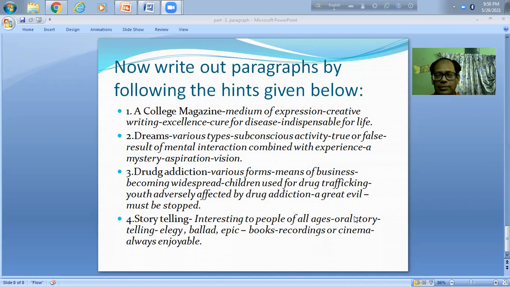Excellence is the delineation of your mental interaction, your intellectual thought procedure. Cure for disease.